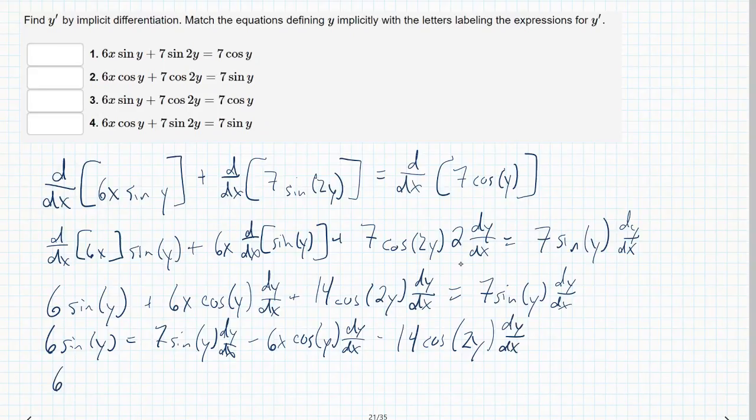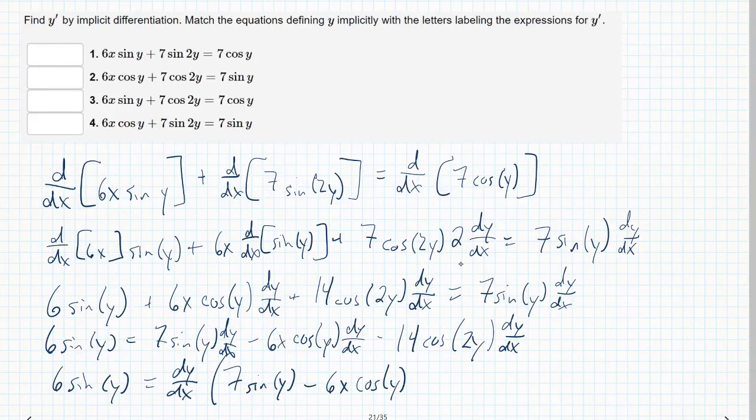So notice this makes 6 sine of y equals, factor out the dy dx, and then you get 7 sine of y minus 6x cosine of y minus 14 cosine of 2y.